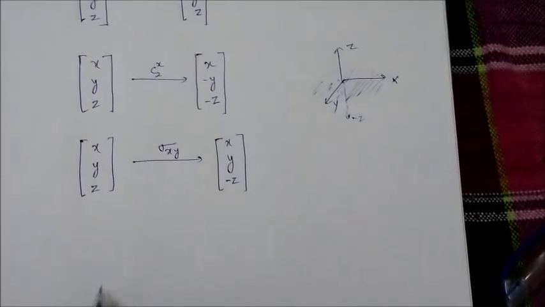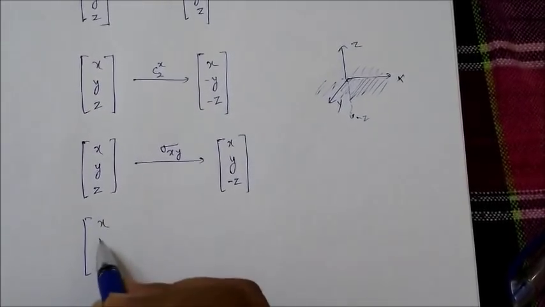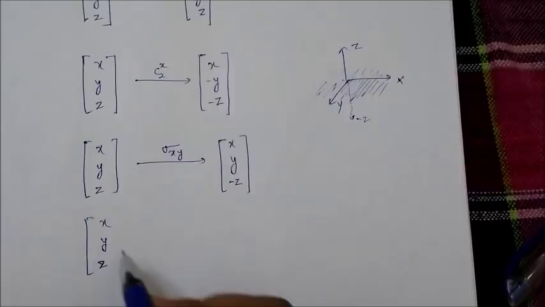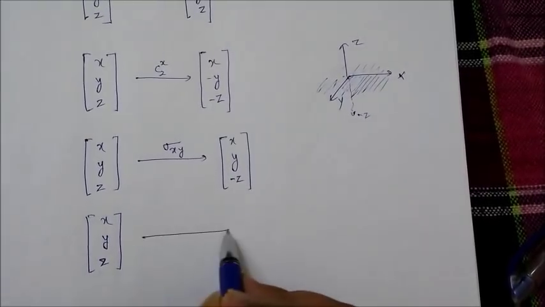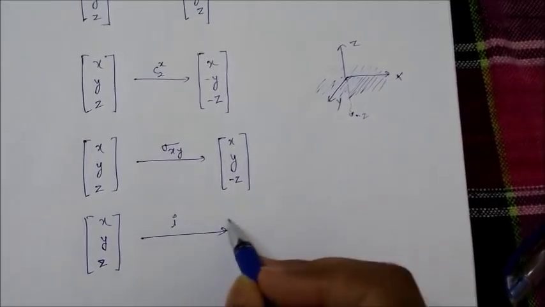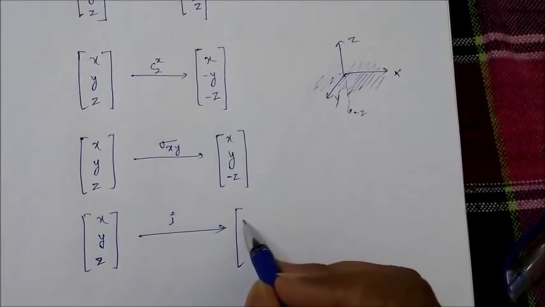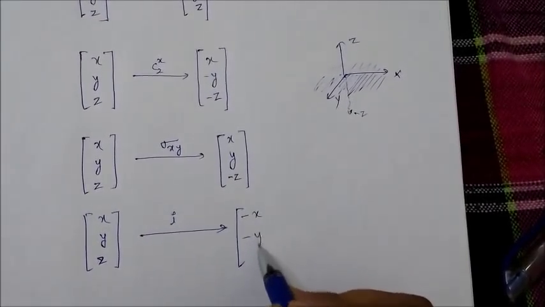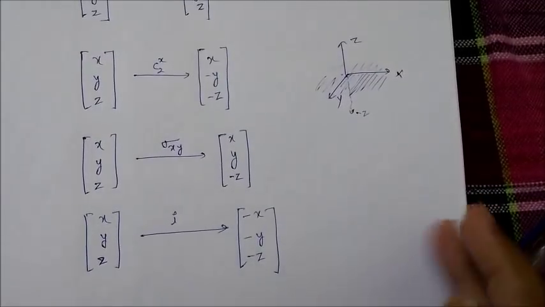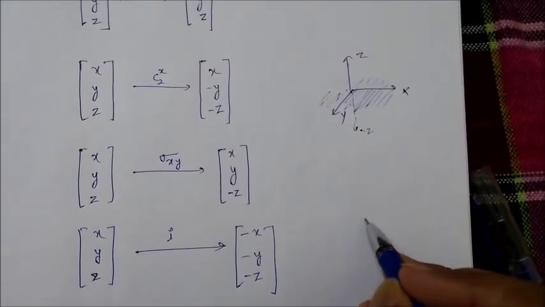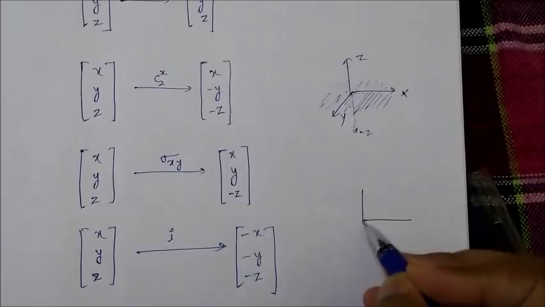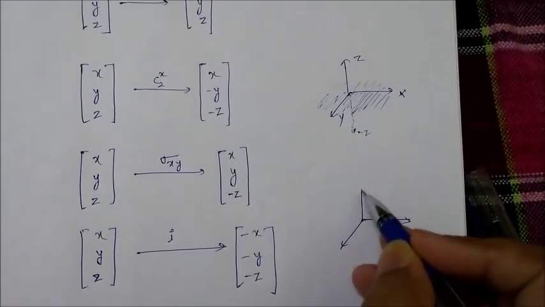Now let's check one more operation, x, y and z. If I apply inverse, then what will happen? All the axes will change. How? I've already told you that inverse is along a center of symmetry.